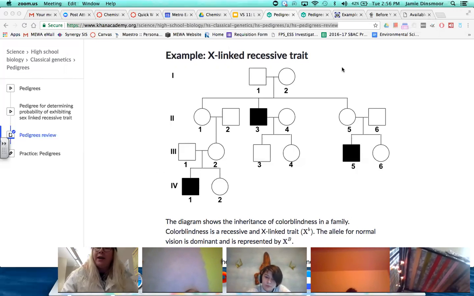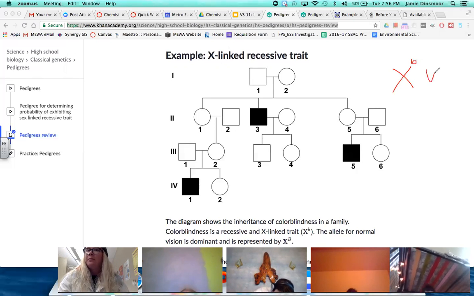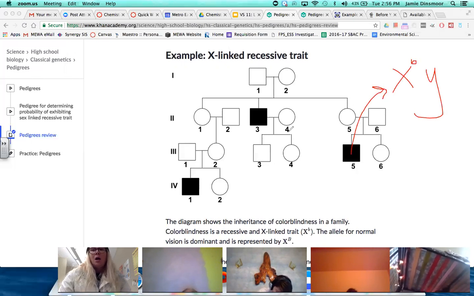So again, we could predict people's genotypes because we know anybody with the trait is going to be X little b. They're using a b for color blindness. Y, right? That's all our males with the trait are going to be X little b, Y. We then can figure out which females were carriers because remember, males get the Y chromosome from their dad.